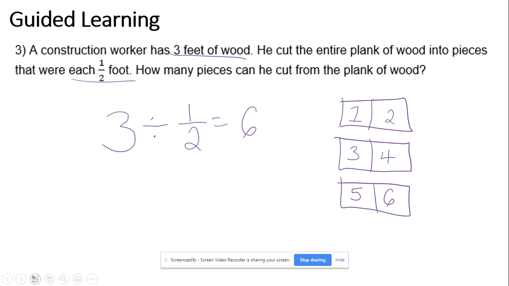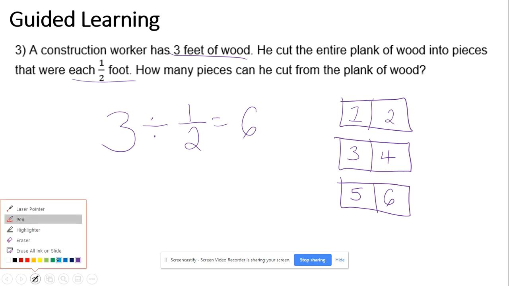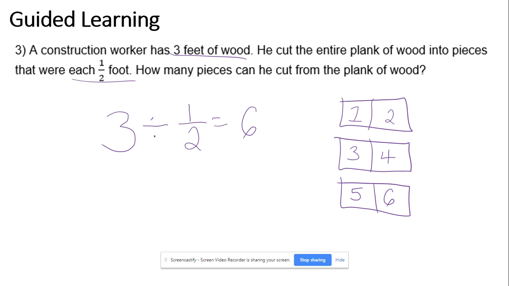Now you don't have to write this down. I'm just going to show you a trick or something that we observed in class. So we saw that 1 divided by 1/2 got us 2. 2 divided by 1/2 got us 4. And now 3 divided by 1/2 equals 6. Remember from the previous lesson, we said something about the whole number and the denominator corresponds with our answer.